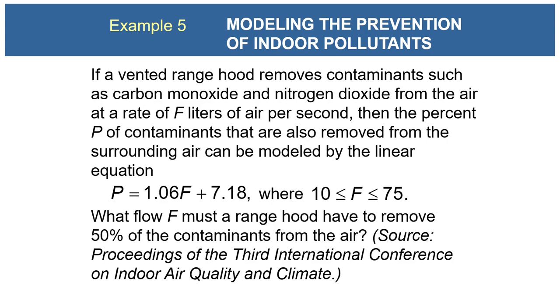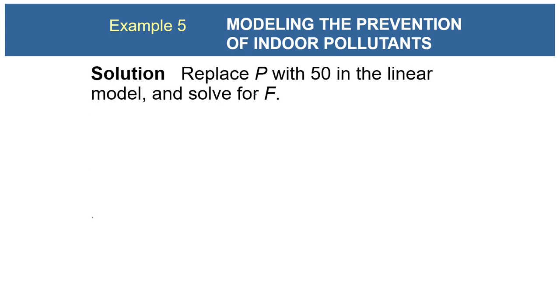What flow F must a range hood have to remove 50% of the contaminants from the air? So in this question, I want to plug in 50% into the P, and then we'll be able to find the value of F. To solve this problem, we'll first replace P with 50 in the linear model and solve for F.